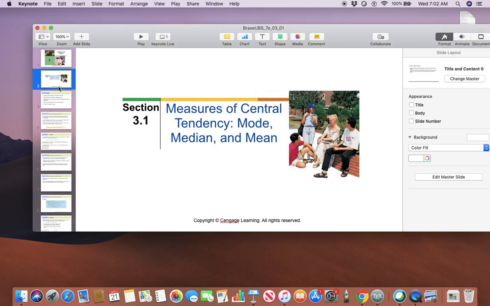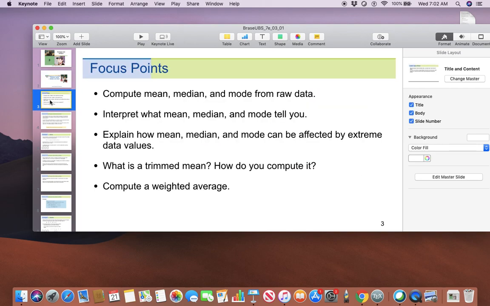Section 3.1. First, measures of central tendency: mode, median, and mean. So what do these terms mean? First, let's look at the focus points of this particular section. Compute mean, median, and mode from raw data.